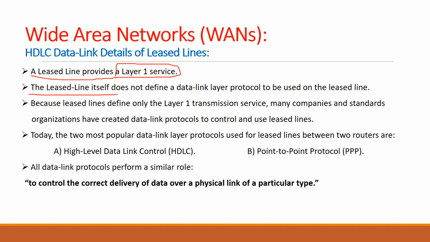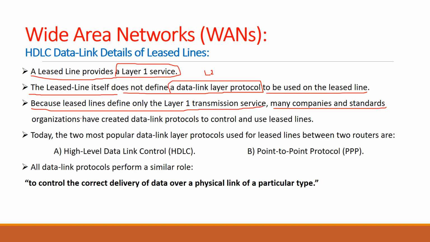The leased line itself does not define a data link layer protocol, because the data link layer protocol is layer 2, to be used on the leased line. Because leased lines define only the layer 1 transmission service, many companies and standards organizations have created data link protocols to control and use leased lines.